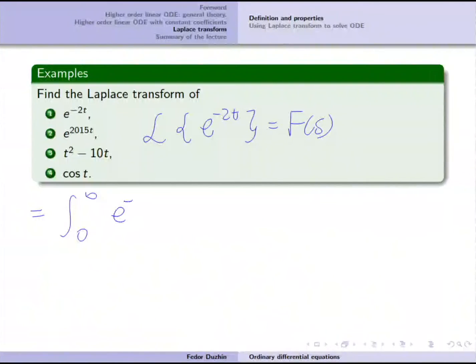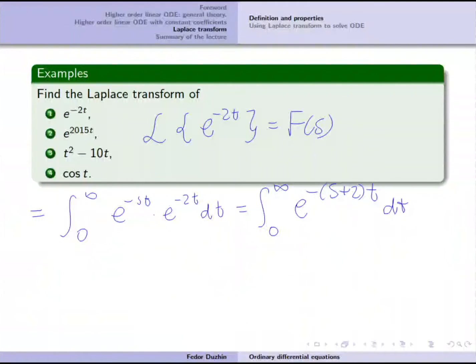So first I write e to the minus st times my f of t. My f of t is e to the minus 2t. So that e to the minus 2t dt. Well, but this is the integral from 0 to infinity of e to the minus (s plus 2)t dt.